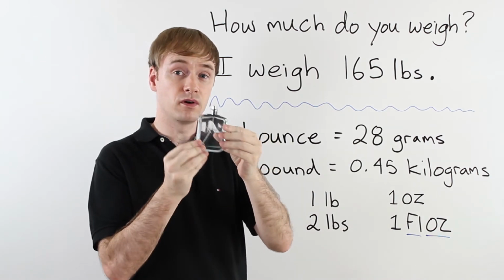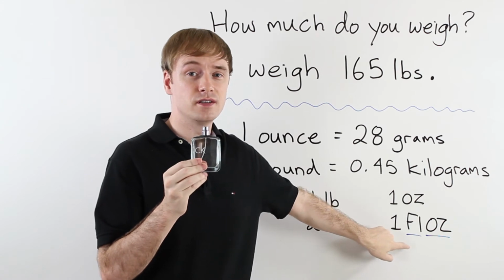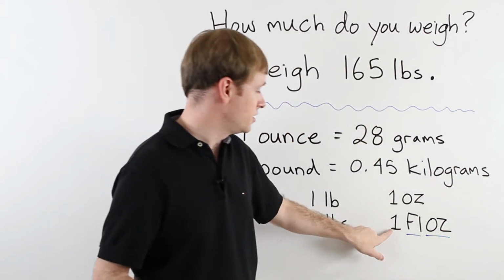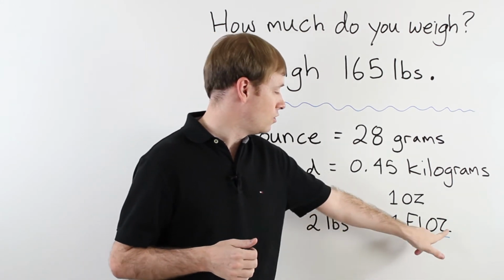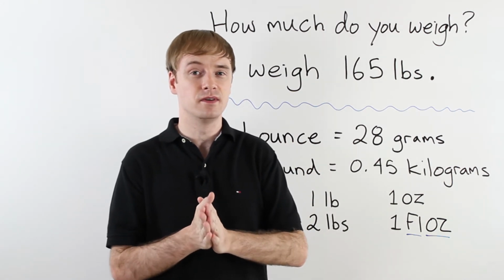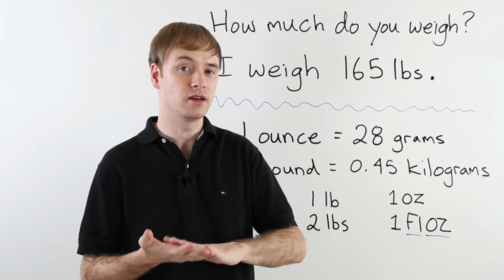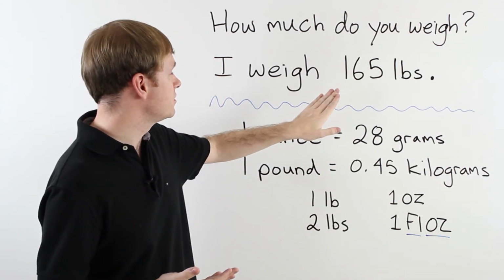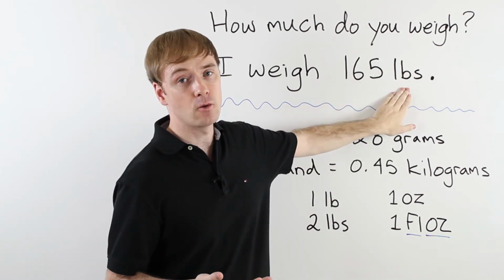If you check your perfume or cologne at home, I'm sure you're going to see this. You're not going to see the 1, it's going to be a bigger number, but you're going to see the FL OZ. So that's the imperial system. It's an older system, a little more complicated and confusing. But my weight in the imperial system is 165 pounds.